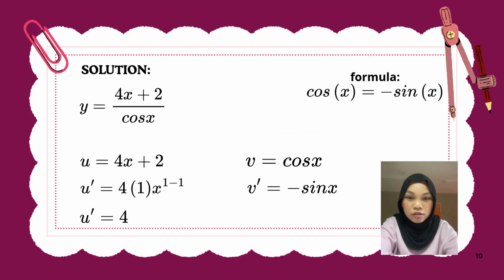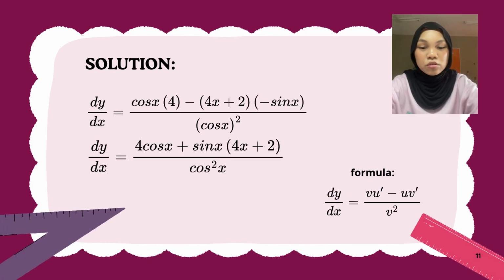Now we're going to identify u and v from our function. Let u equal 4x plus 2, so the derivative u prime equals 4. Then let v equal cos x, so the derivative v prime equals negative sin x.